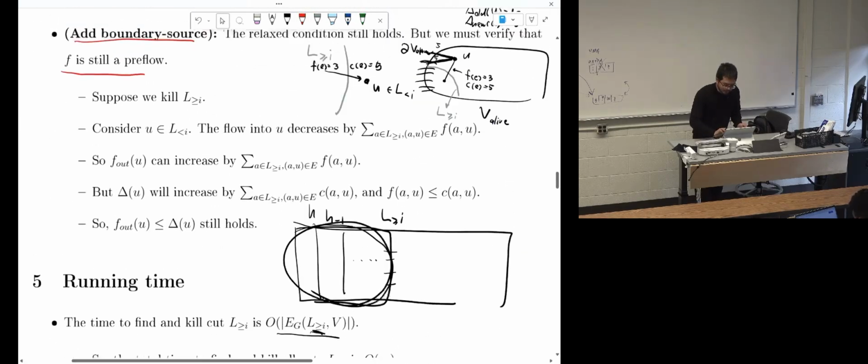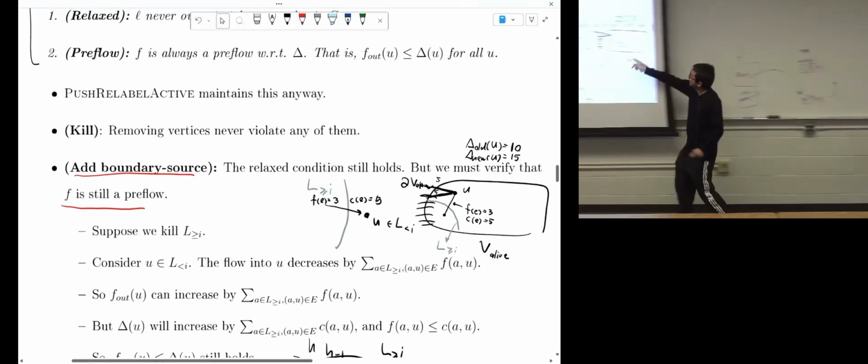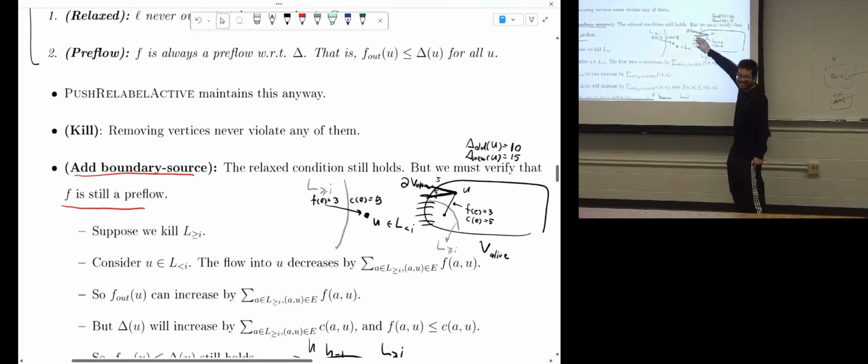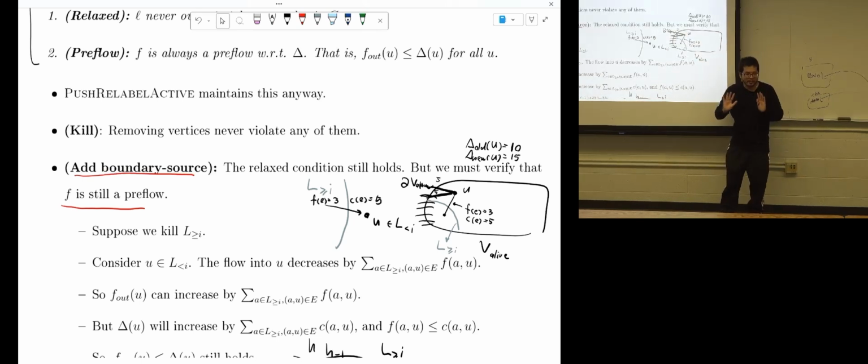For example, in this example, when we delete this edge, the total source increased by 2, because I used to send 3 units here, but now I put 2 more excess on top of here. So the total source keeps increasing.